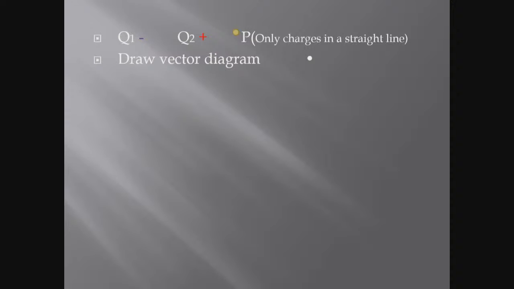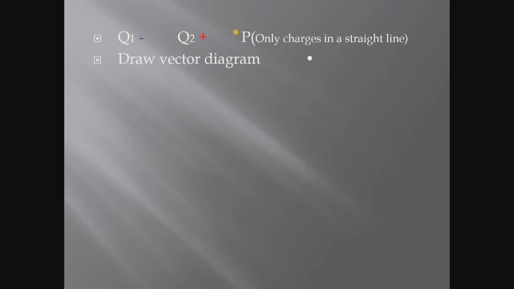So make sure what is asked of you, F net or E net. Now normally they will give you 2 charges, and according to exam guidelines, they can only make use of charges and a certain point linear to each other, charges in a straight line. They can't ask you a question about net electric field at right angles to a certain point.